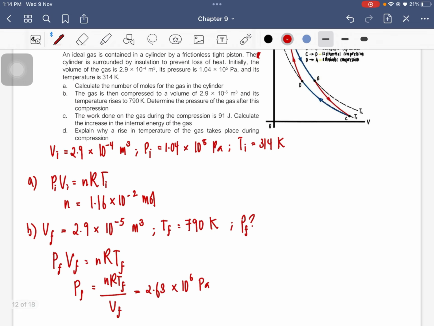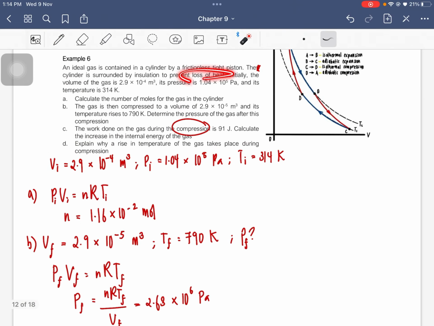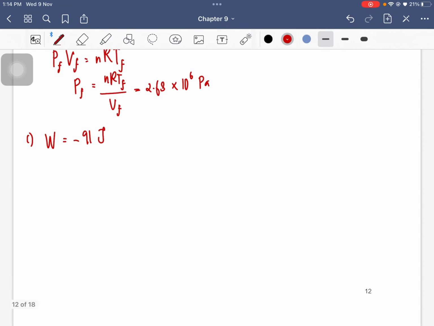The work done on the gas during the compression is 91 joule. Calculate the increase in the internal energy of the gas. So, if it is compressed, work done should be negative 91 joule. Then, it says find delta U, so find the internal energy. So, since the cylinder is fully covered to prevent loss of heat, there is no loss of heat. This is an adiabatic process.